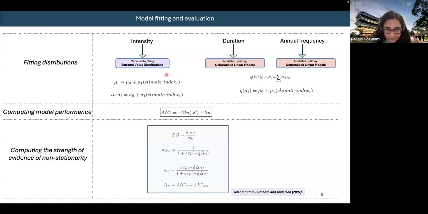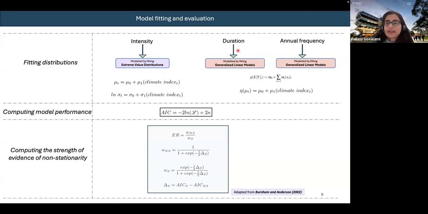Time is intrinsic in the climate index because the climate index is a time series. The climate index takes different values with time, which causes the distribution to have a different behavior at different points in time. So that's how the intensity is modeled.